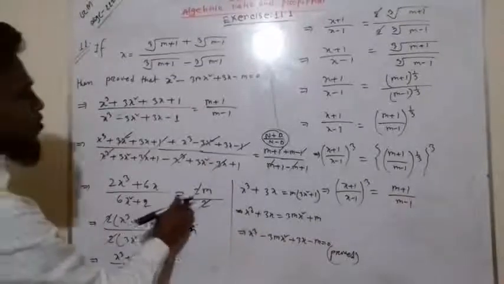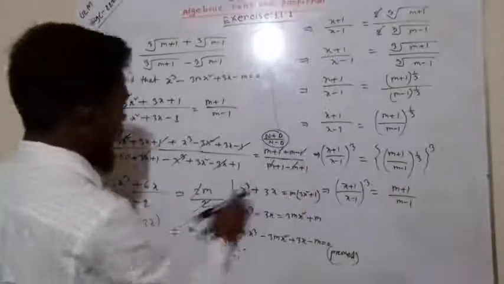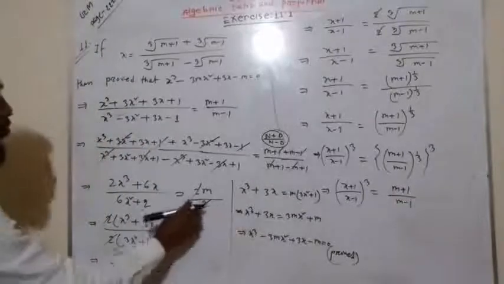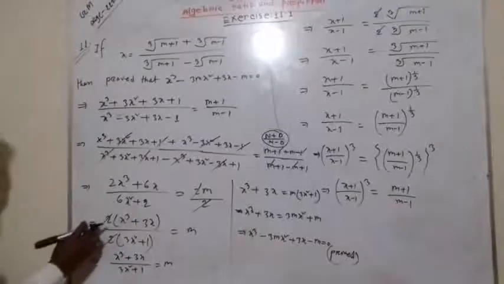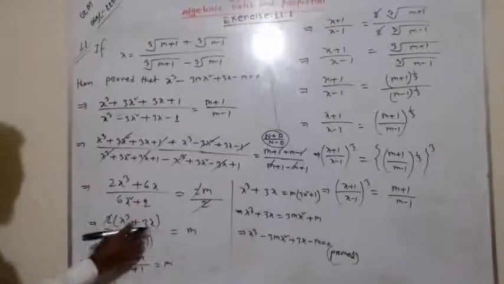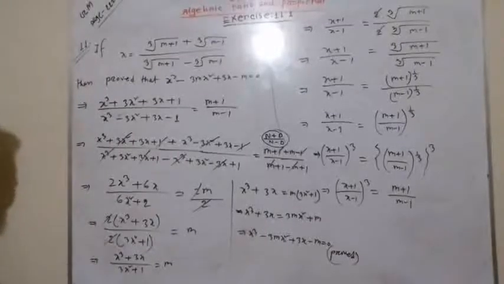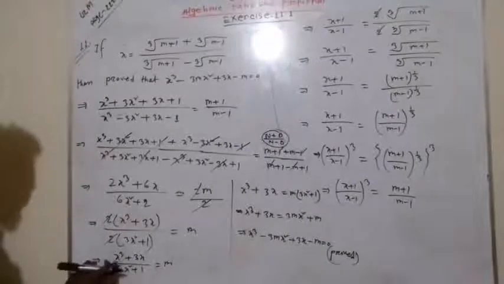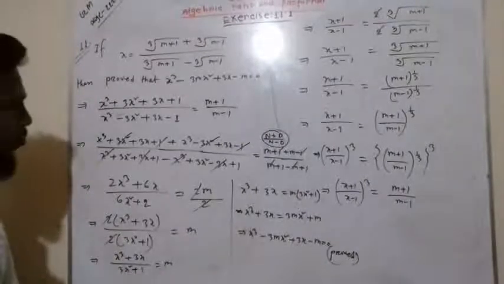So this equals 2m divided by 2, since m plus m is 2m and 1 plus 1 is 2. Cancel 2 and 2, and take the common 2: (x cube plus 3x) divided by (3x square plus 1) equals m.